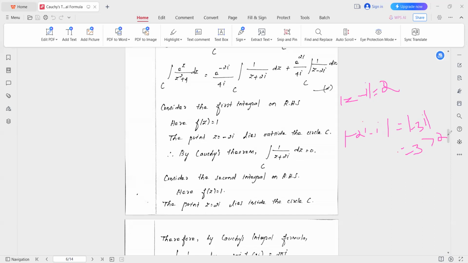Which means the point −2i lies outside the circle. It is greater than the radius, so this point lies outside the circle.